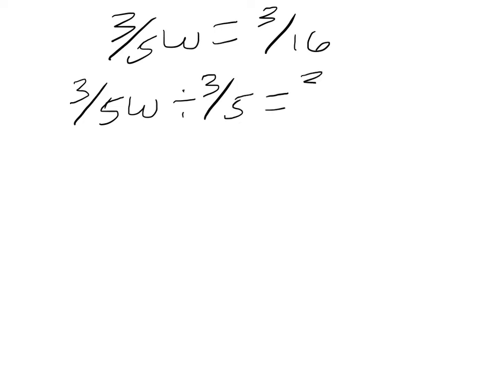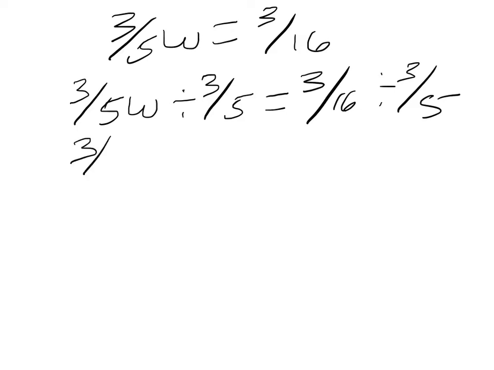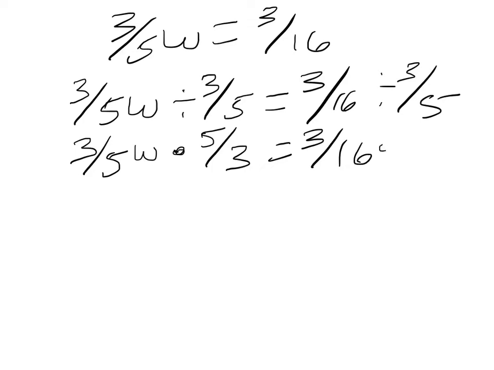Whatever we do to one side, we're going to do to the other. So 3/16 divided by 3/5. And then because we're dividing by fractions, we're going to multiply by the reciprocal. So 3/5 W times 5/3 equals 3/16 times 5/3.